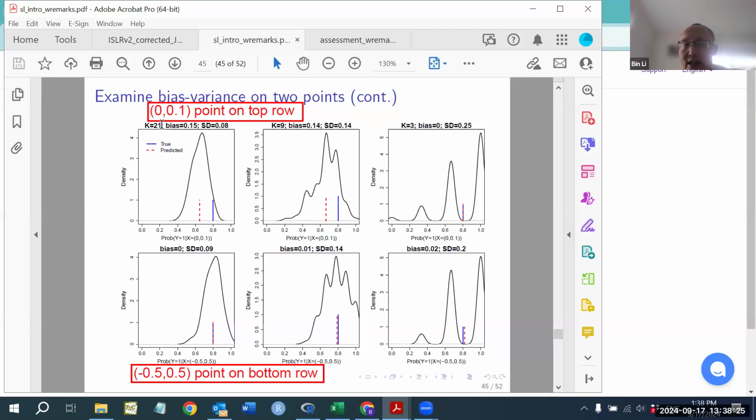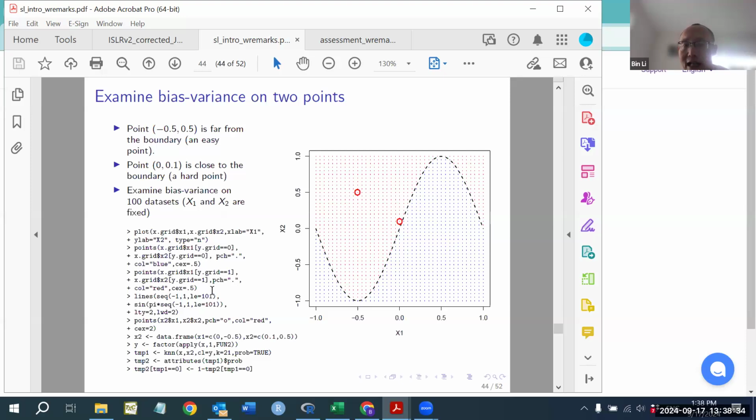And you may ask, how can I get the bias and the standard deviation? I can get that based on the simulation. I randomly generate 50 data sets. For each data set, I can estimate the probability at this point, and I can do that 50 times, so I can calculate the center.